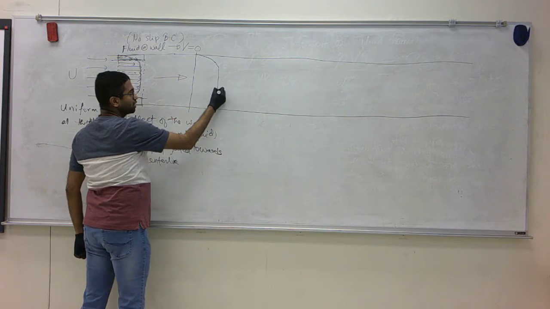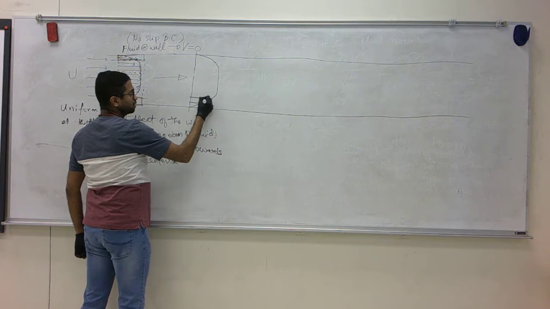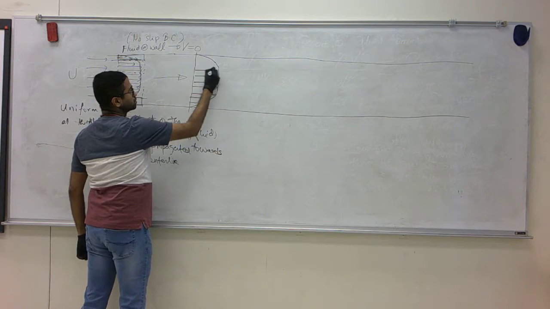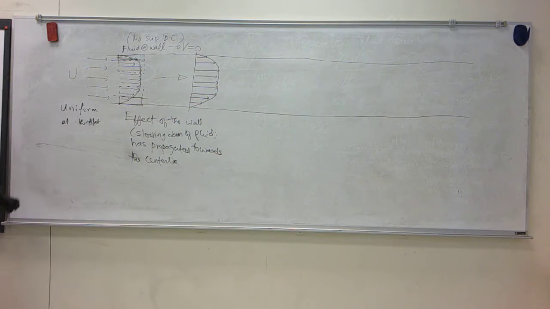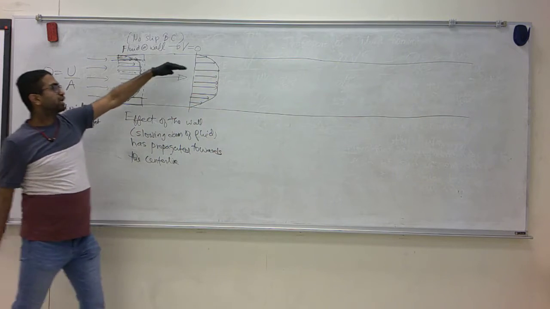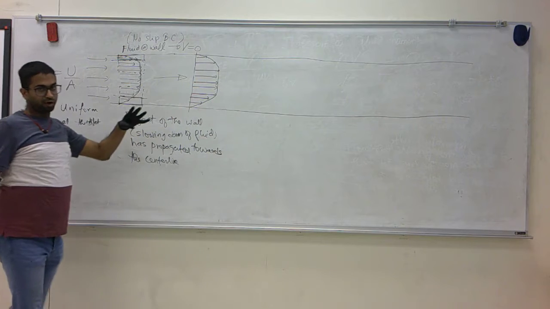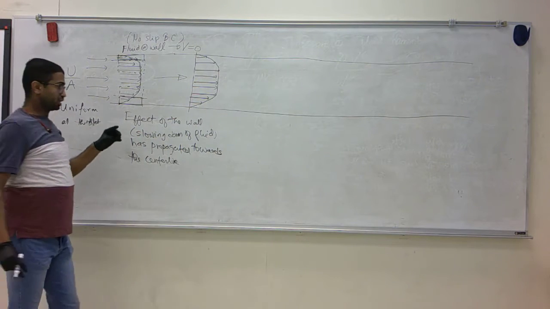Still, some of the fluid is uniform, and the same flow rate is going through the entire pipe. That is, if you took the flow rate to be the uniform velocity times the area, the same volumetric flow rate, assuming we are dealing with incompressible flow here.